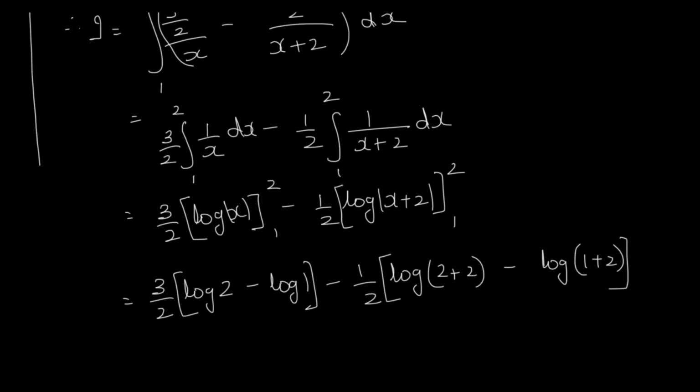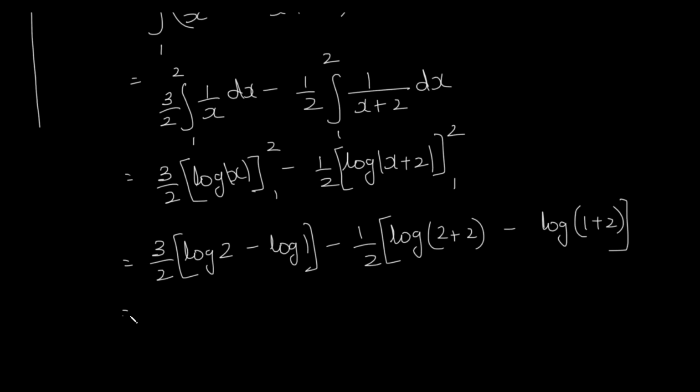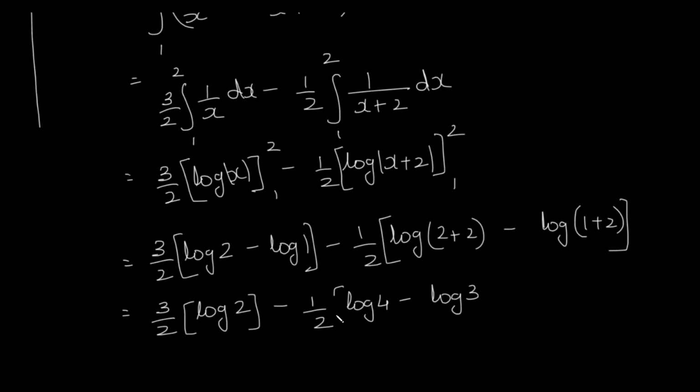Then we can write this as 3 upon 2 log 2 minus log 1, which becomes log 2, because log 1 is 0. So this becomes log 2 itself, minus 1 upon 2 log 4 minus log 3. Okay, and you know that when two logarithms are subtracted, we can combine them and write one upon the other.